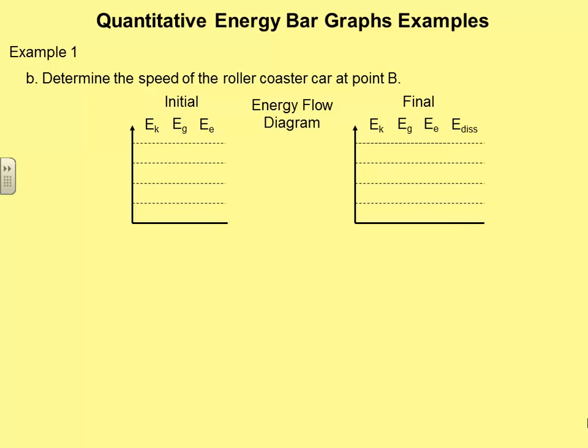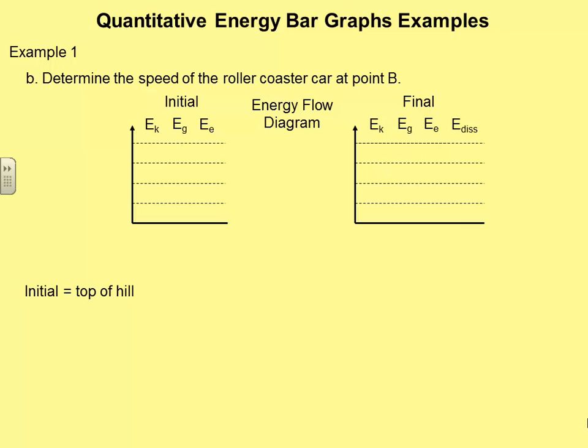Now, we need to be a little specific about this one because there's a couple different ways we could approach the problem. And one of the choices we have to make is where is the initial? Where are we going to start everything at? We could do two places. We could do point A, but if we do point A, we have to use the answer we just found. So it might be easier to just use the top of the original hill.